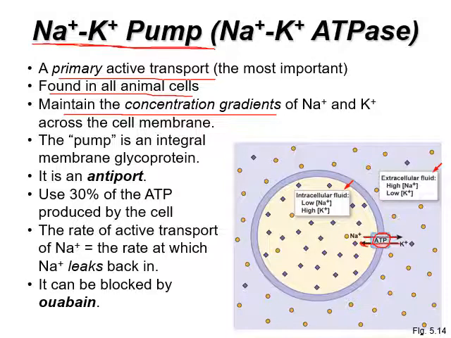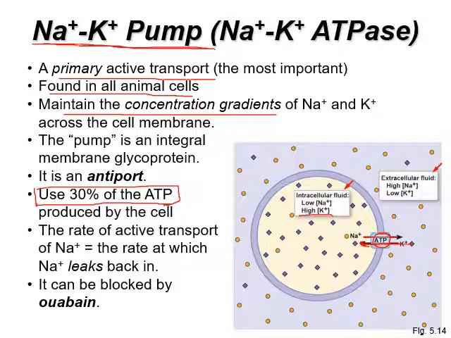Okay? And like I said, about 30%, about a third of the ATP produced by the cells, a third of your energy, is used to fuel this pump. Okay, so this is a very important pump, but you can see what it's doing. It's taking potassium from low to high. So it's making potassium high on the inside.